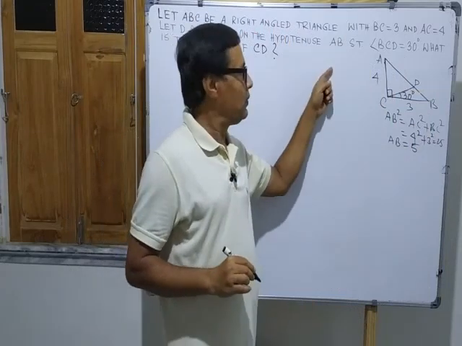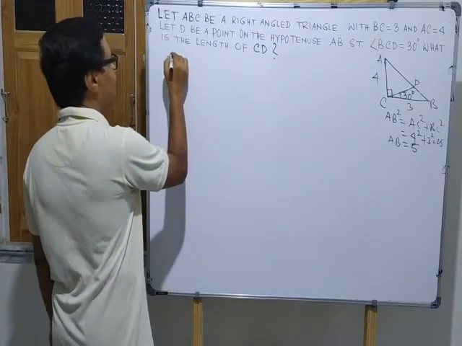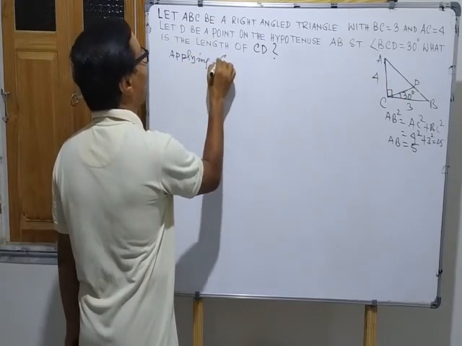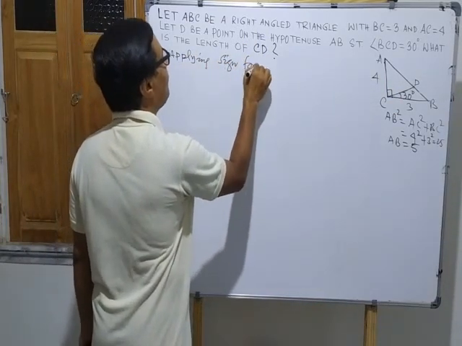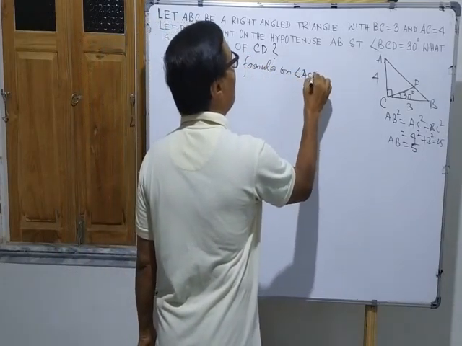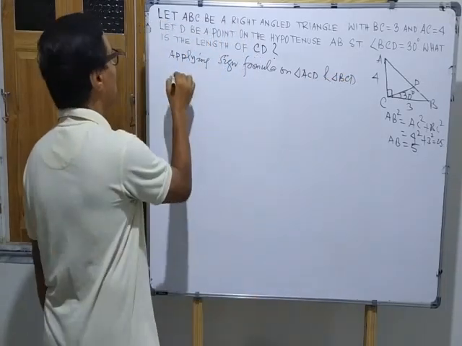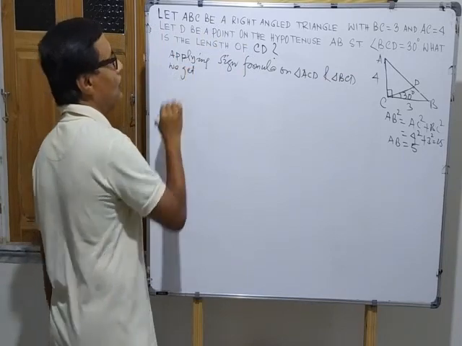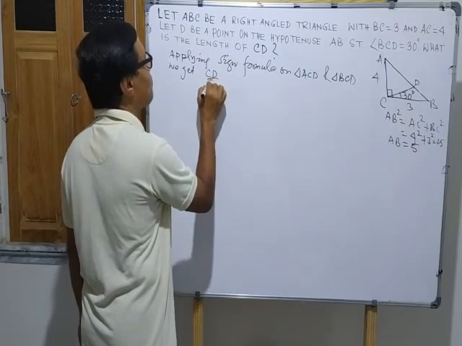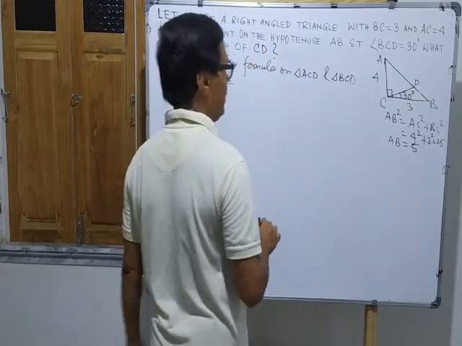Now we can apply the sine formula from properties of triangle on both triangle ACD and triangle BCD. Applying the sine formula on triangle ACD we get CD over sine A equal to AD over sine ACD.